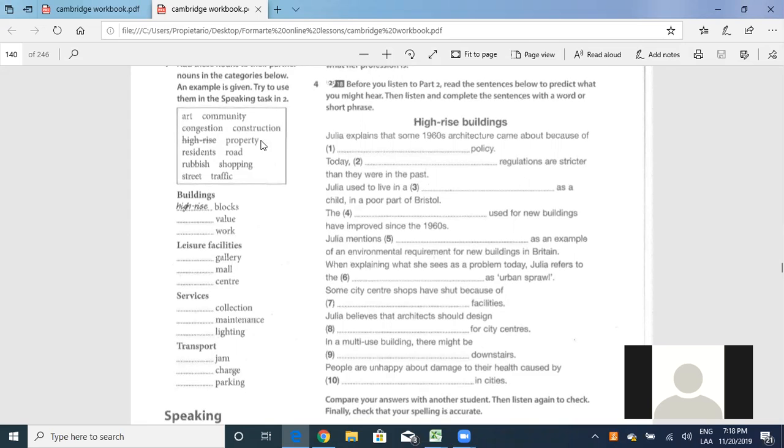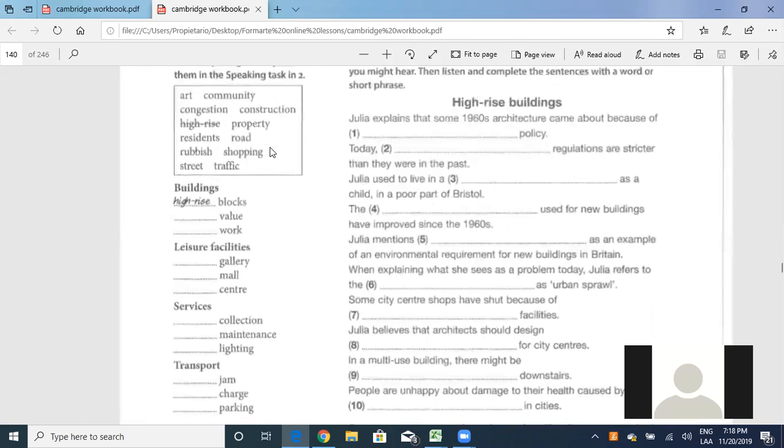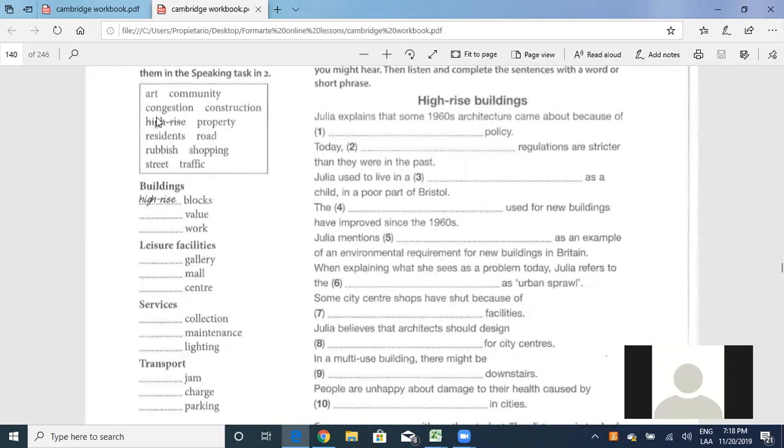So we have different words: community, congestion, construction, property, residence, road, rubbish, shopping, street, traffic. Try to collocate these words regarding buildings, leisure facilities, services, and transport. So maybe I can give you 2 minutes for you to do this part, and we will check it right away. Okay, go ahead.